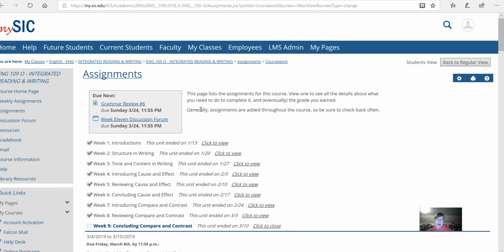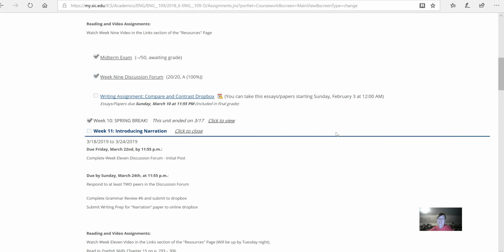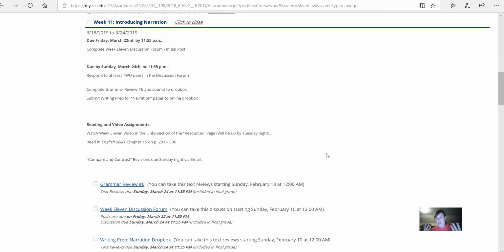At this point in the semester, you should be able to look at your grade, see where you're at. It is not too late to increase your grade, obviously, but midterm at this point needs to be the point where you really look at how you're doing in the class and say, okay, what do I need to do to get my grade better? Because with this being English 109, you do have to have a C or higher in order to get into English 121.